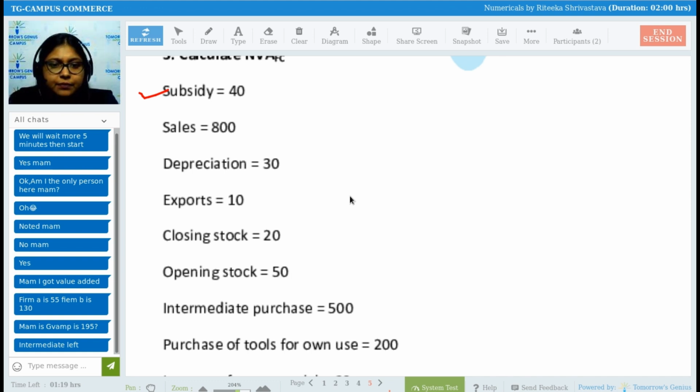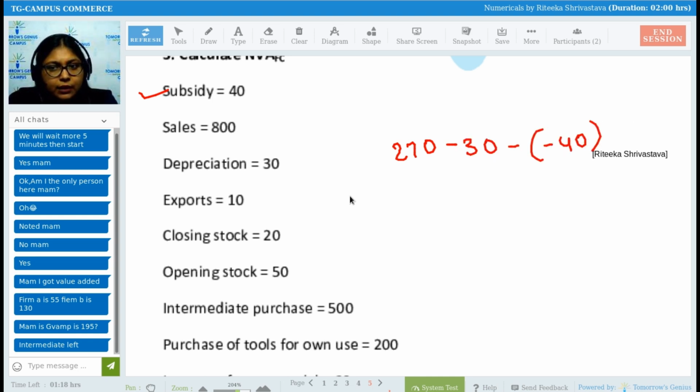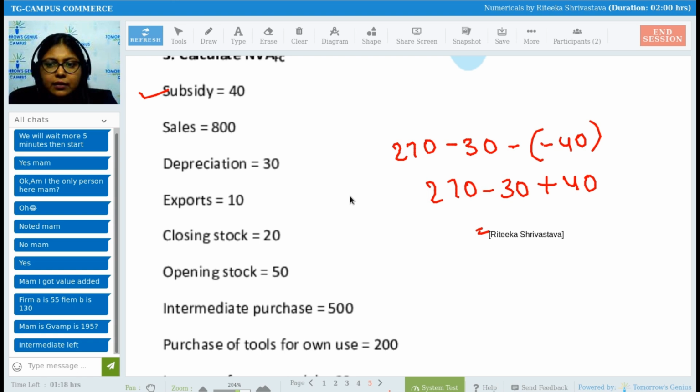Then you have to find out NNP at FC. GNP minus depreciation gives NNP. Perfect. So 270 minus 30, plus 40. Oh, 240.